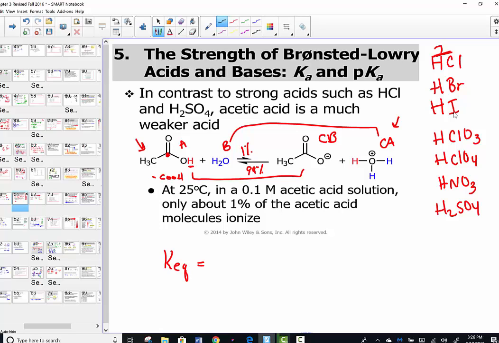The equilibrium constant, Keq, is the comparison of the products over reactants.